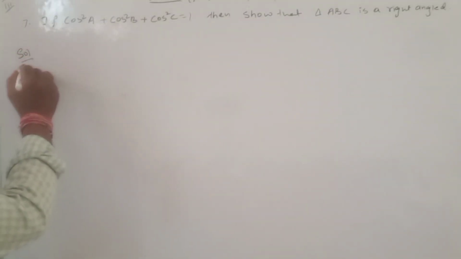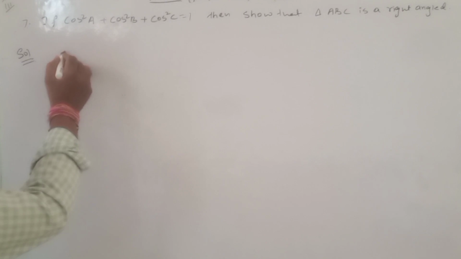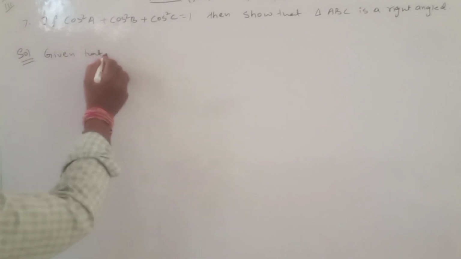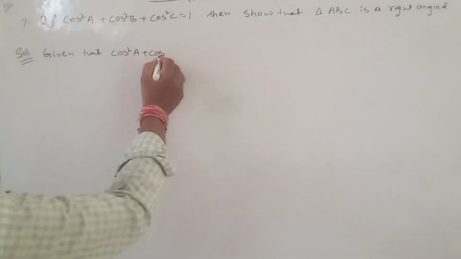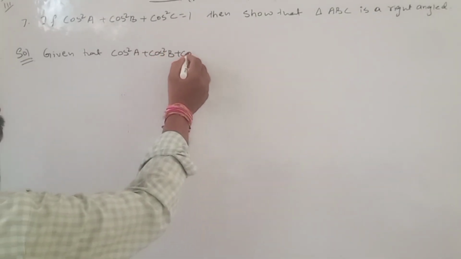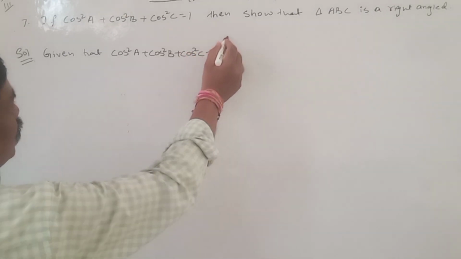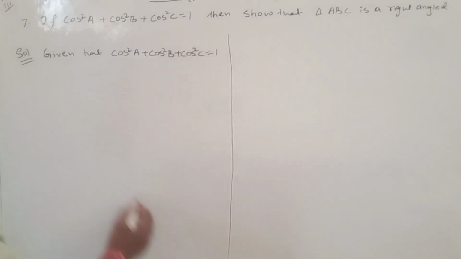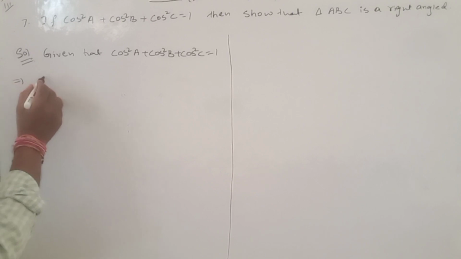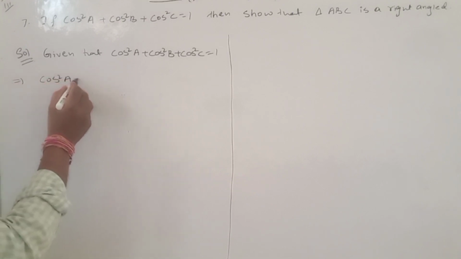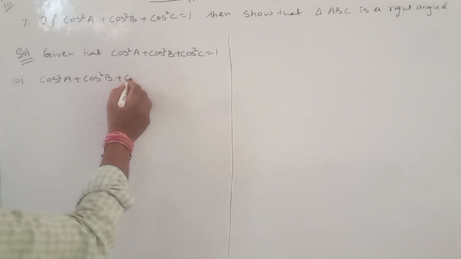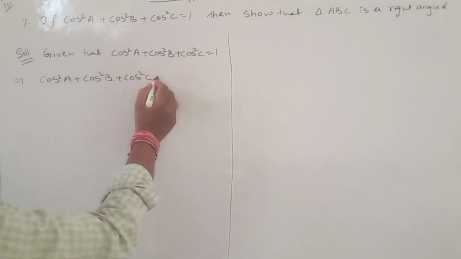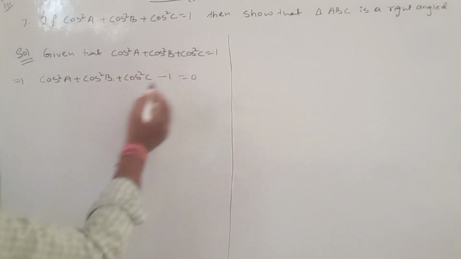So here we have the given condition. Given that cos square A plus cos square B plus cos square C is equal to 1. So from this, cos square A plus cos square B plus cos square C minus 1 equal to 0.